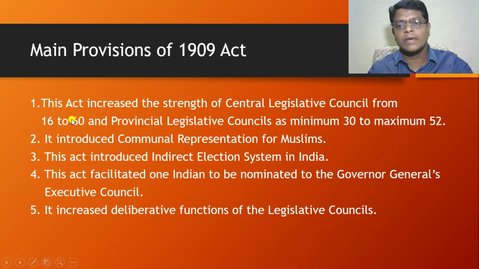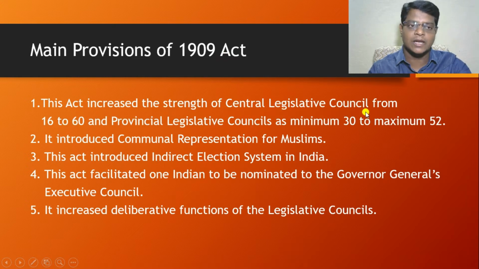You know very well, we already discussed in the moderate phase that their major demand was the increase in the strength of the Central Legislative Council. So for satisfying the moderates, they formulated the Indian Council Act 1909. By this act, they increased the strength of the Central Legislative Council from 16 to 60.